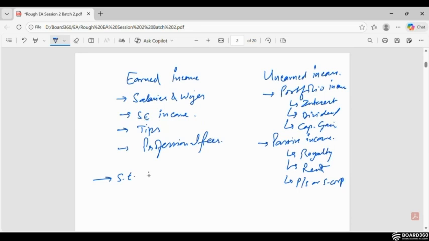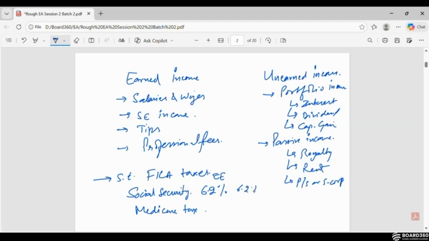Why we need to bifurcate between earned income and unearned income is that earned income is subject to FICA taxes also. Along with income taxes, there is a payroll tax. We call it FICA tax, which is Federal Insurance Contributions Act tax, where we have two types of taxes: Social Security tax and Medicare tax. 6.2% of Social Security as the employee portion and 6.2% as the employer portion needs to be paid.